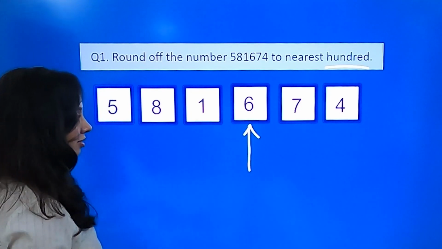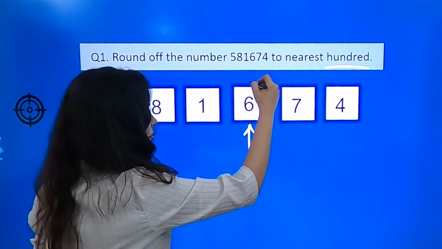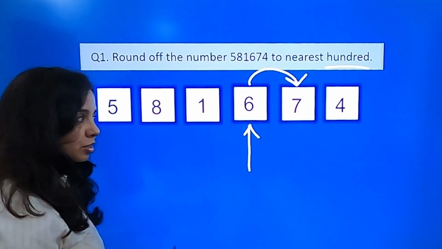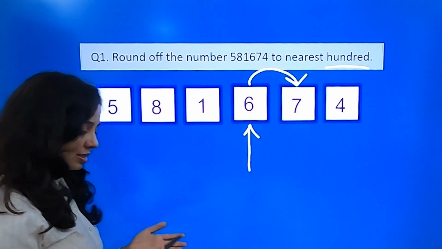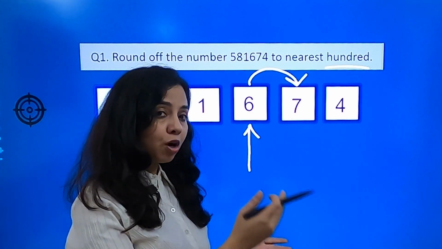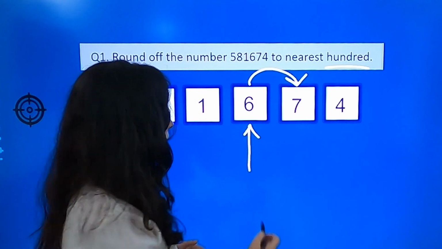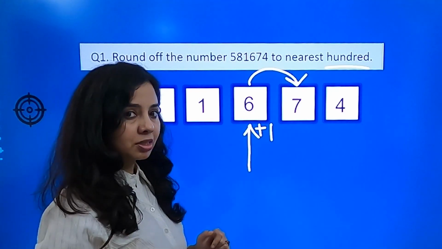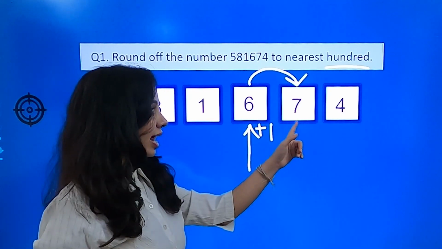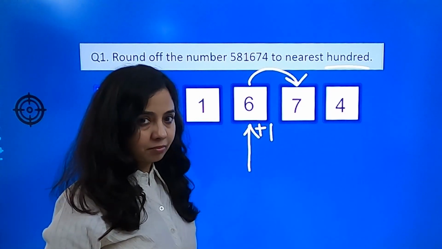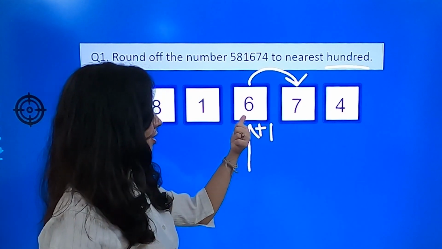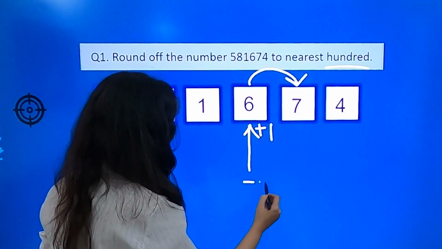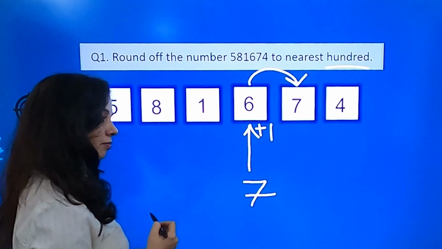After that is decided, we have to see the digit just right to it, that is 7. If the digit is 5 or more than 5, then plus 1 will be added to our focus digit, otherwise it will remain the same. And 7 is more than 5, so we have added plus 1 to it. Our focus digit will become 7.